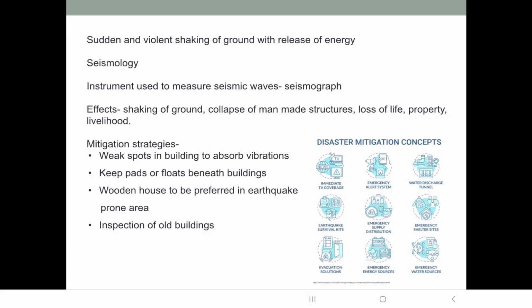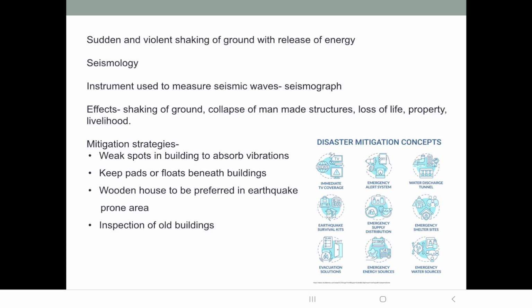Weak spots in the buildings can absorb the vibrations of the earthquake. Then, keeping pads or floats beneath the building so that they can absorb the vibrations of the earthquake. In areas where earthquakes are frequent, one can use wooden houses instead of cement buildings.